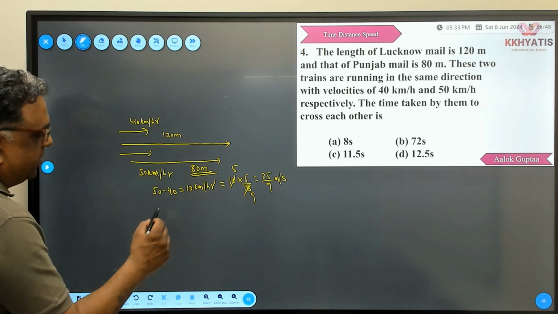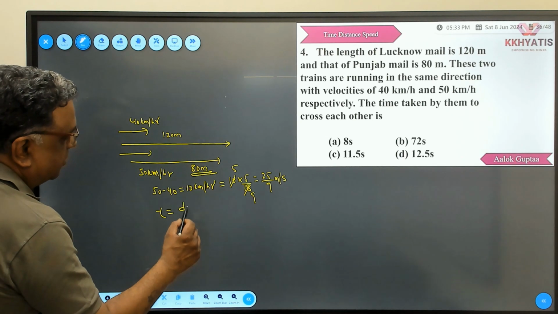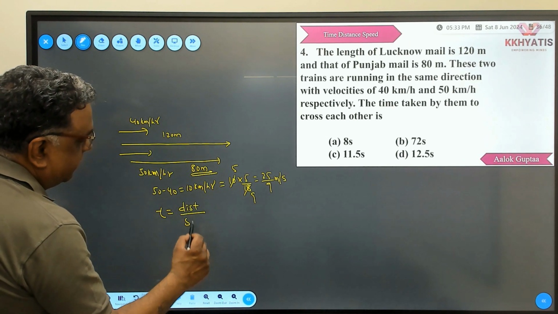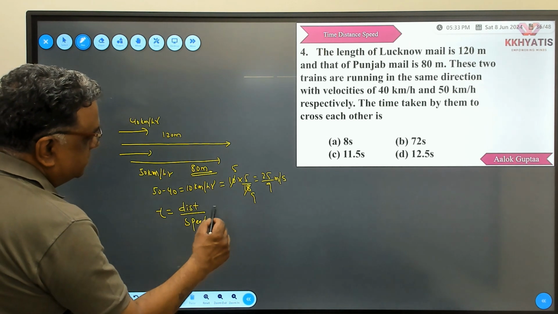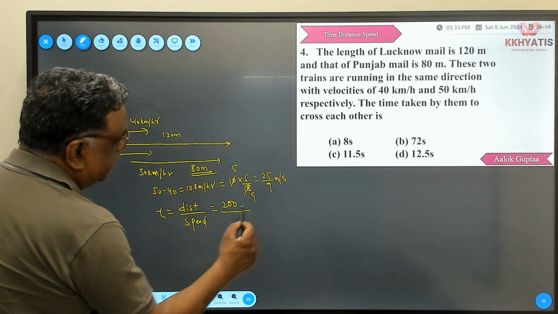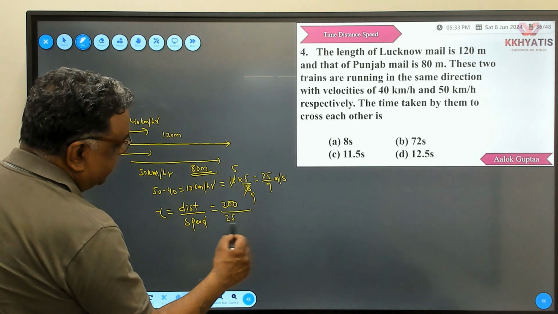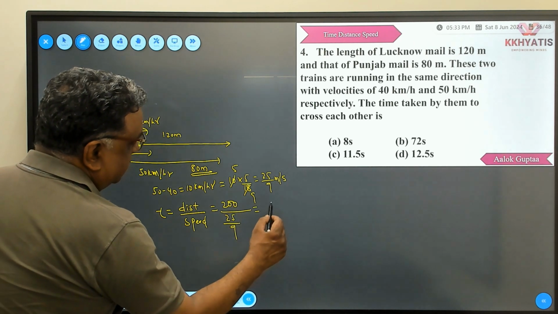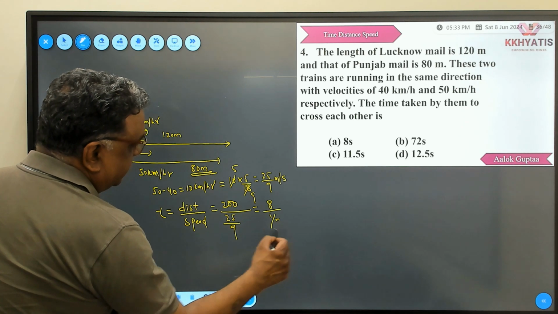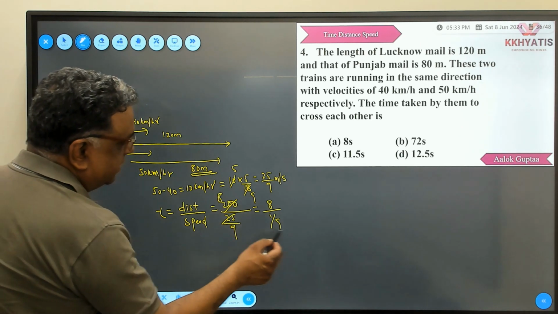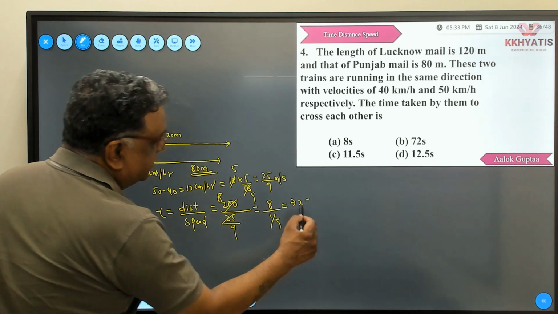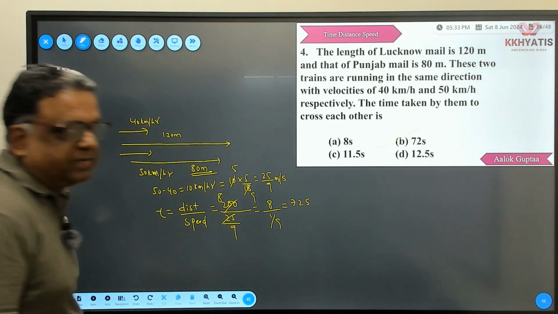So the time taken would be distance to cross each other upon speed. Distance is total 200 upon 25 by 9. So 8, 1 by 9, because this will cut by 8, 9 will go up. 72 seconds is the answer. Okay, next.